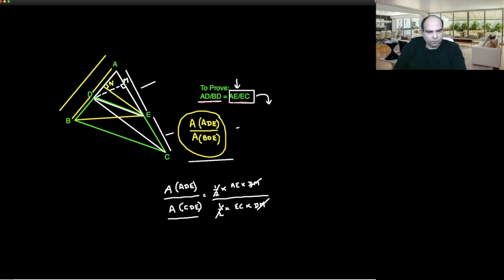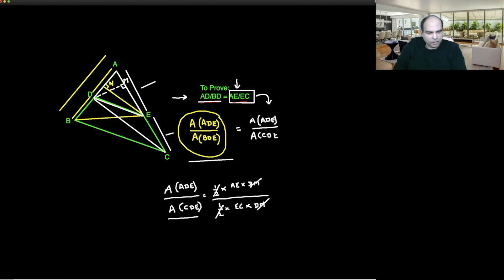So to prove what we need to prove on top, we need to prove now that area of triangle ADE divided by BDE is equal to area of triangle ADE divided by CDE. I'm using A here. Normally the logic is to use ar, but I guess that much you can understand.